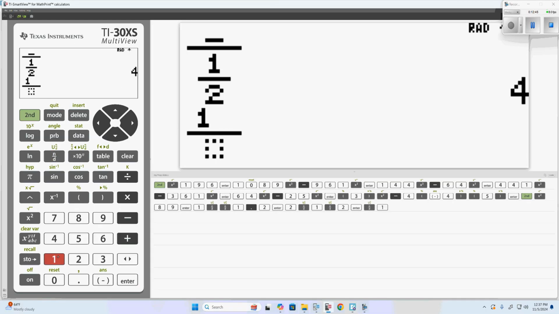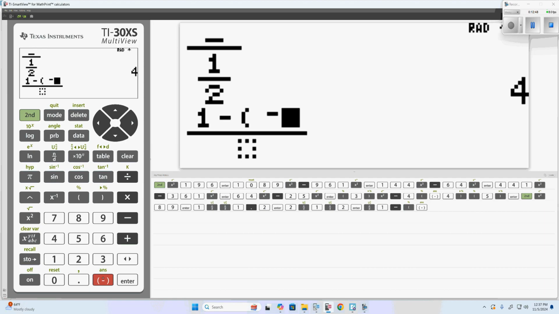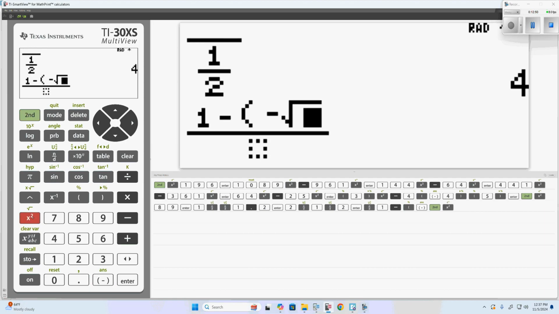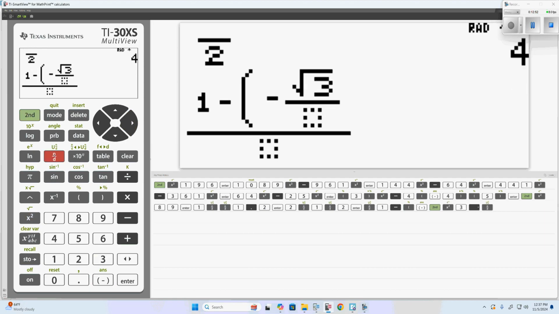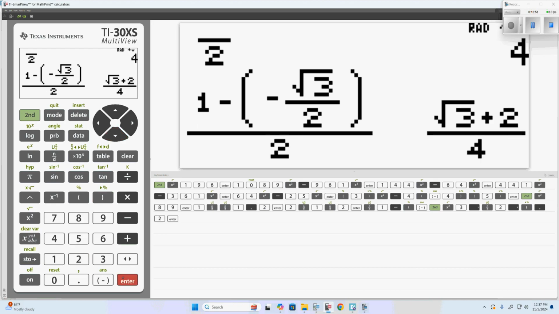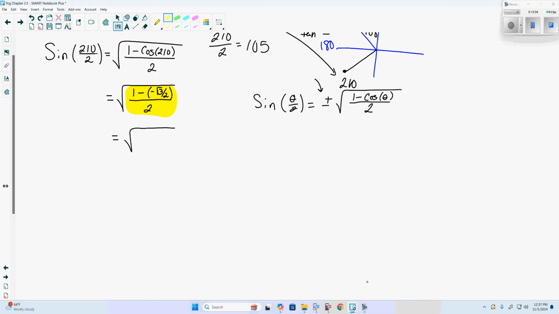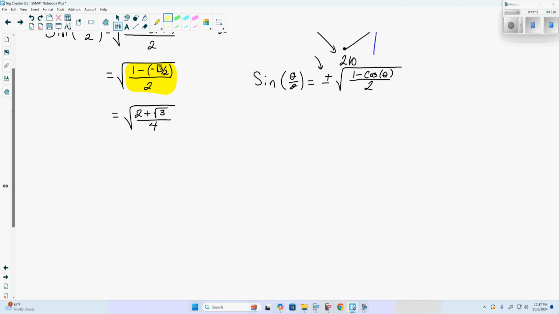Because we can say 1 minus negative square root 3 over 2, all over 2. Which gives us this here, 2 plus the square root of 3 all over 4.